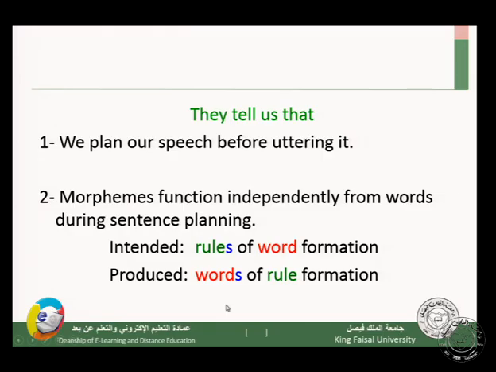It is by looking at the slip of the tongue. In the slip of the tongue, we had them split, in two separate places. This tells us that inside the brain, they have been brought together. The brain looks at morphemes as separate entities, not as words, not as one entity.